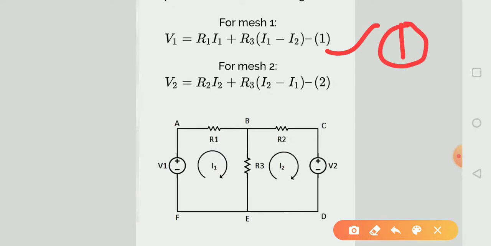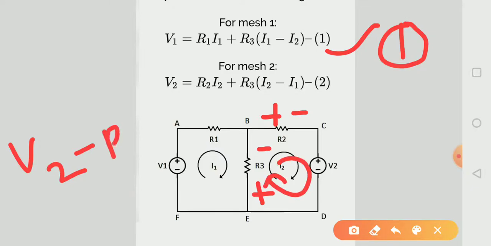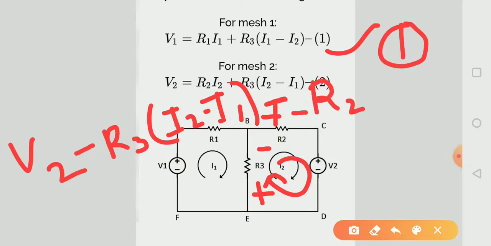For mesh 2, we have the same polarity, positive, negative and positive, negative. So if we apply the same equation here, then we find V2 minus R3 into (I2 minus I1) and minus R2 into I2.